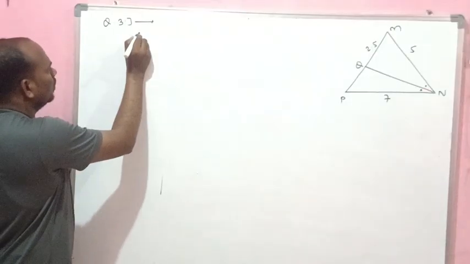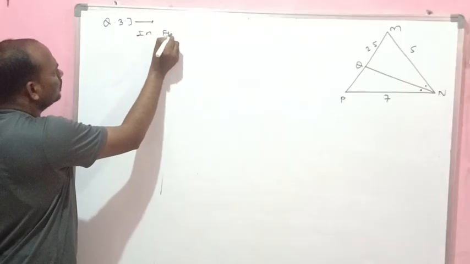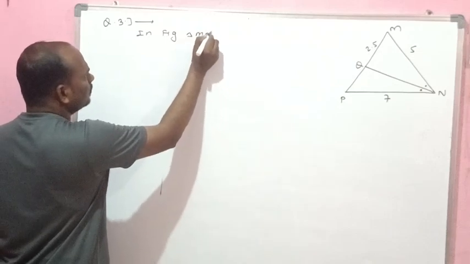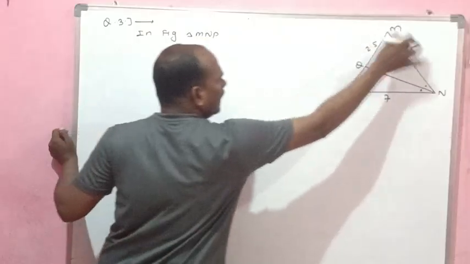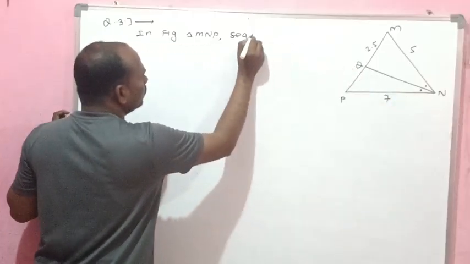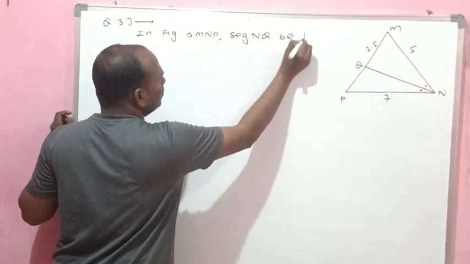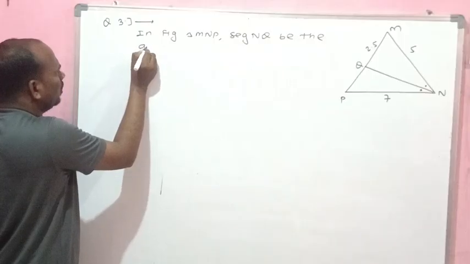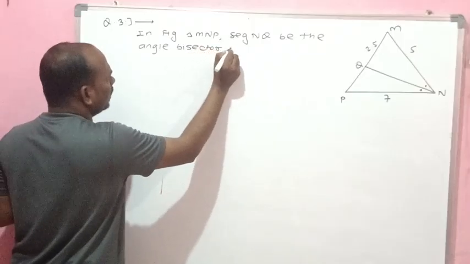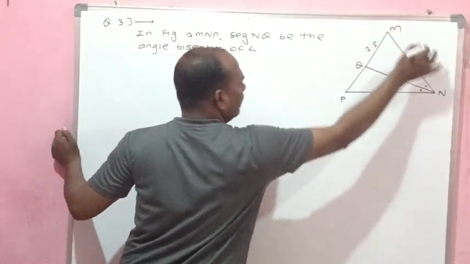Now in figure, triangle MNP, in figure triangle MNP, sec NQ be the angle bisector of angle MNP.